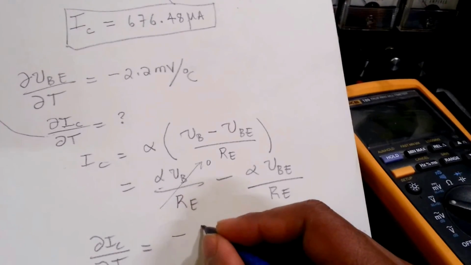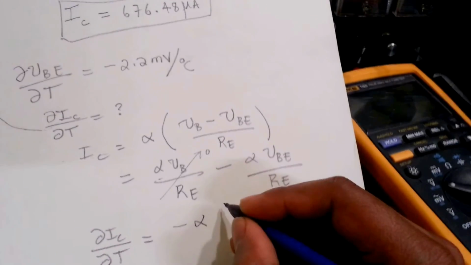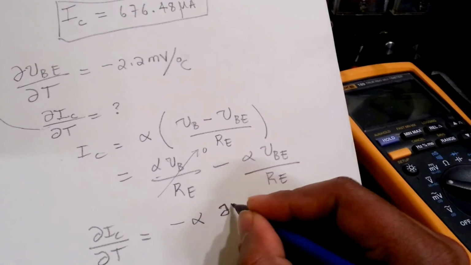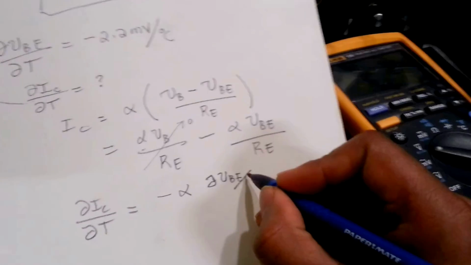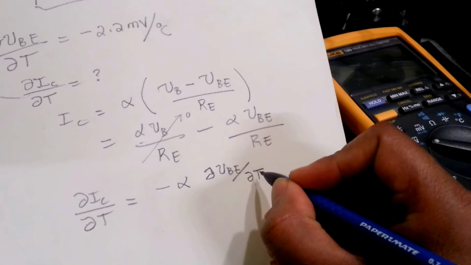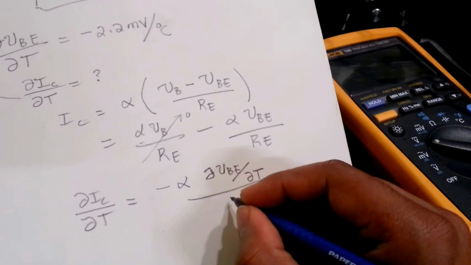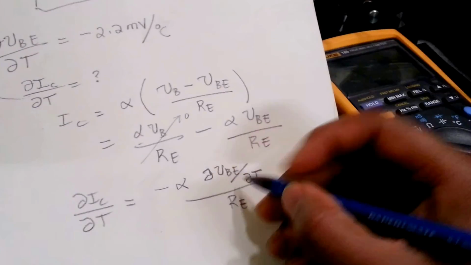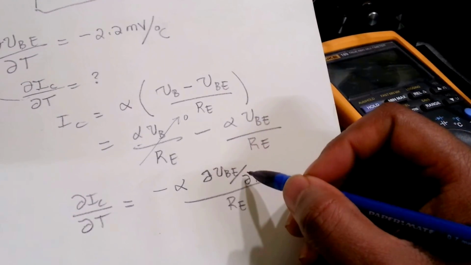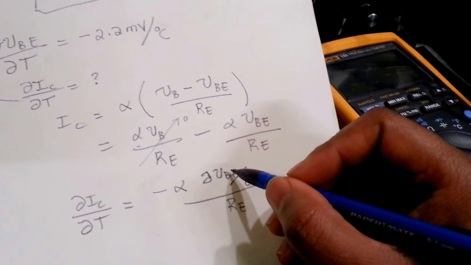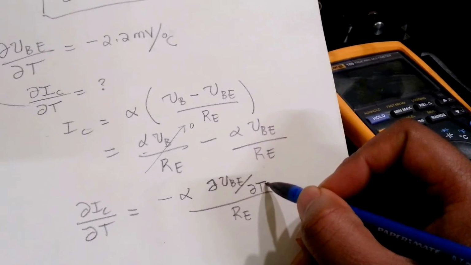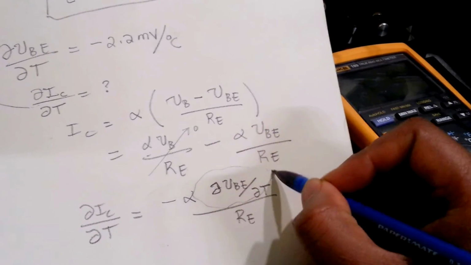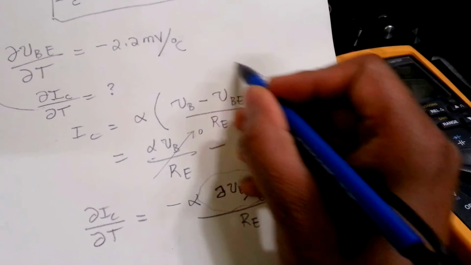So we get minus alpha multiplied by delta VBE over delta T divided by RE. This is the derivative of the base emitter voltage with respect to temperature. This term we already know, like I said, it's given here.